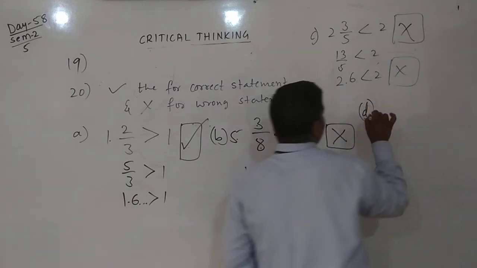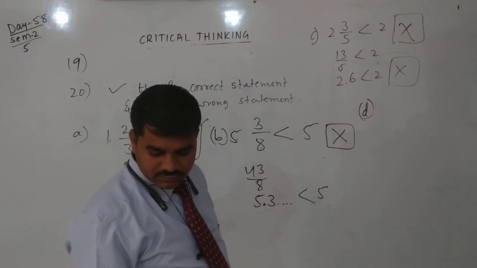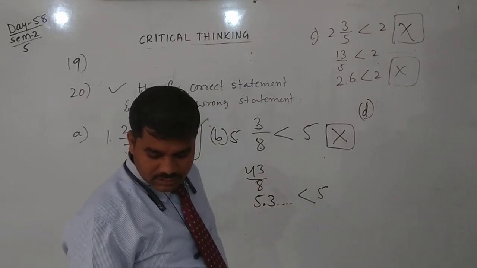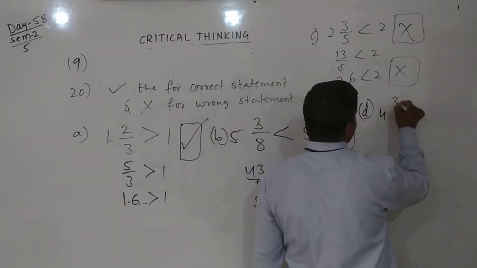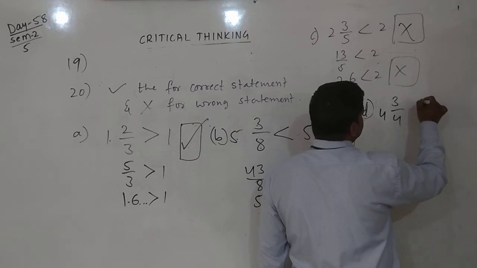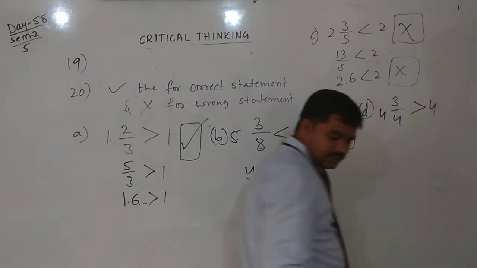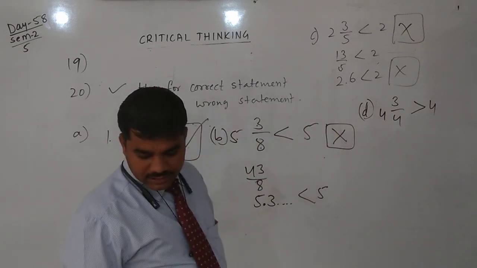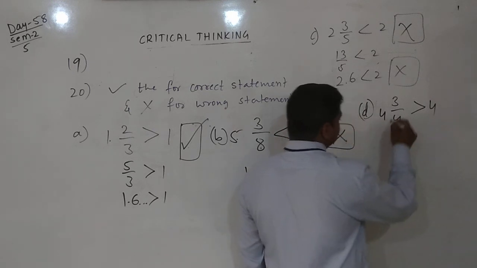D one we have. 4 integer 3 by 4 is greater than 4, or less than 4. It is greater than 4 they have given. Yes, we can write it is greater.